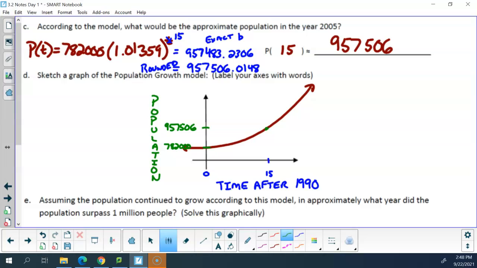Assuming that the population was able to grow, what year did the population surpass 1 million people?